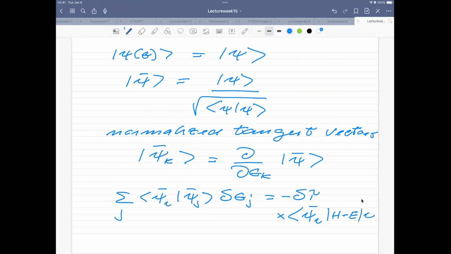And now remember that on the ket side, we have psi of theta, which I just shortened. And this form is actually the one which is going to lead to the natural gradient or the stochastic reconfiguration metric matrix. In order to see that, we need another small digression. So today is a day of digressions.